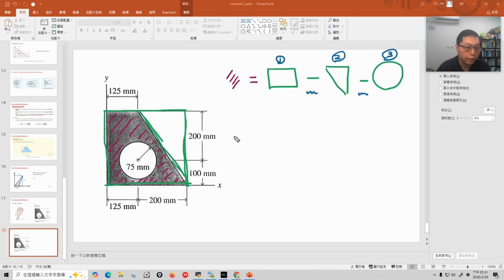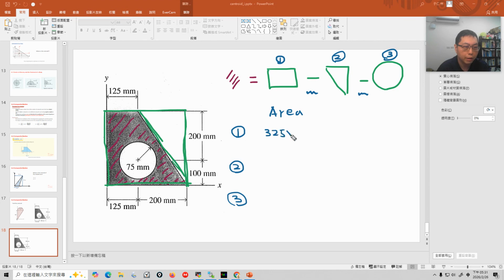We have three kinds of area. First of all, we need to find the areas. What's the area of the big rectangle? It's very easy: 325 times 300.